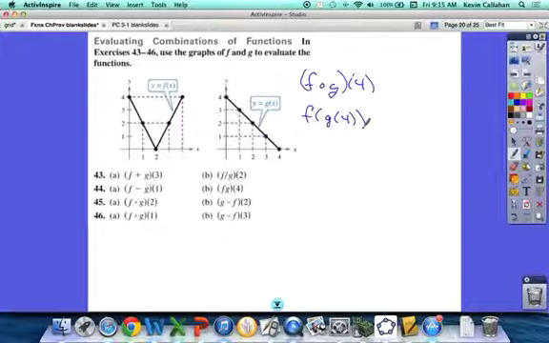Find g of 4, right? So g of 4 in this case is 0, and you put that in the place of the g of 4, and now you do f of 0, which is 4. So remember how to do that process. You won't have graphs for it. You'll have 2 definitions of functions. So you just plug into one, then plug into the other.